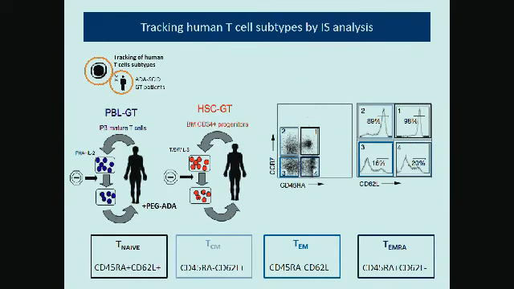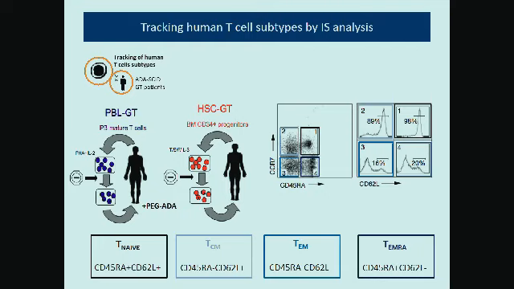So the first application of integration sites to track individual clones in patients that we performed was in the context of a confined subset of hematopoietic cells, in particular T cells. So what we decided to do is to isolate the four main T cell subsets, naive, central memory, effector memory, and effector memory RA positive cells, from two sets of gene therapy treated patients that were treated for ADA-SCID.